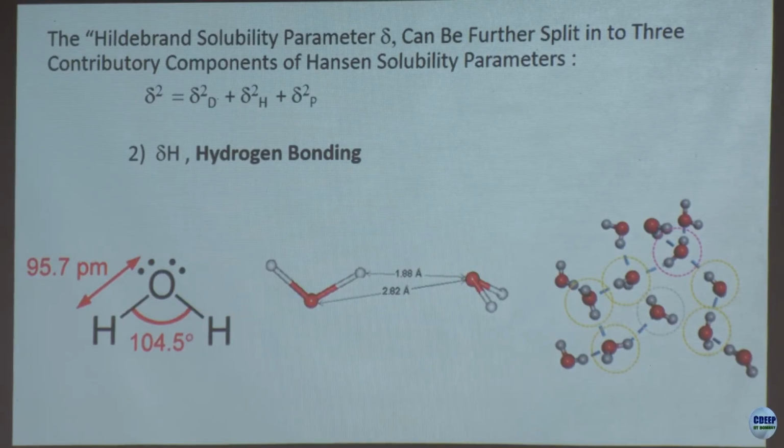Okay, it is not as strong as this hydrogen and this oxygen, which is a covalent bond. Fine, but this hydrogen bond is reasonably strong as compared to the dispersive interactions molecules may have. So it is stronger than the dispersive interactions.